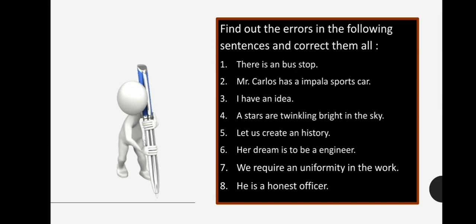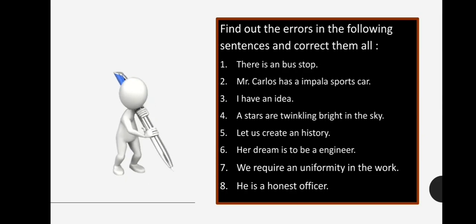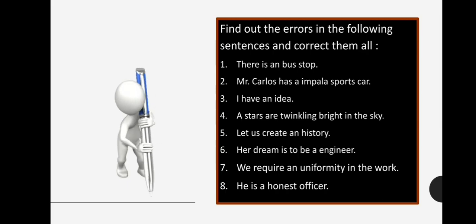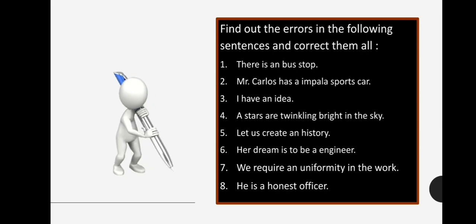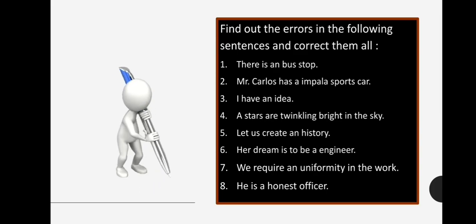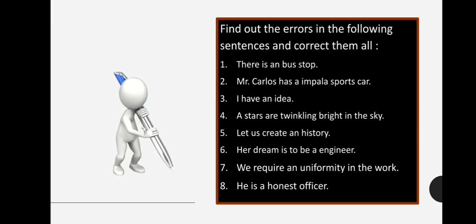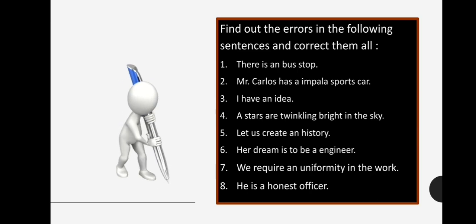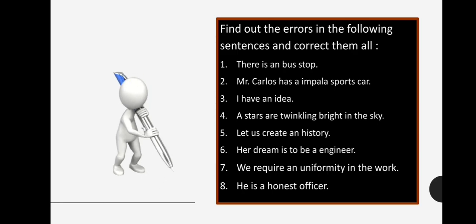The fourth one says, a stars are twinkling bright in a sky. Fifth one is, let us create an history. Next, her dream is to be a engineer. Next, we require an uniformity in the work. And the last one, he is a honest officer.